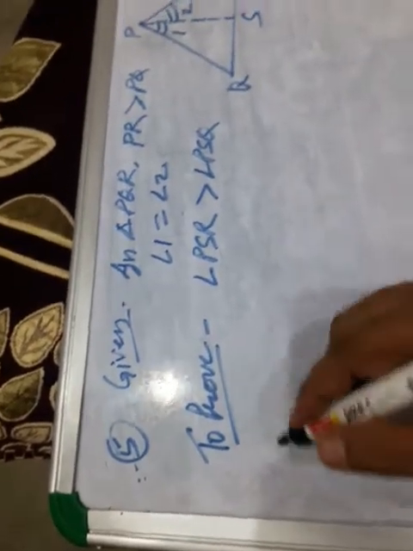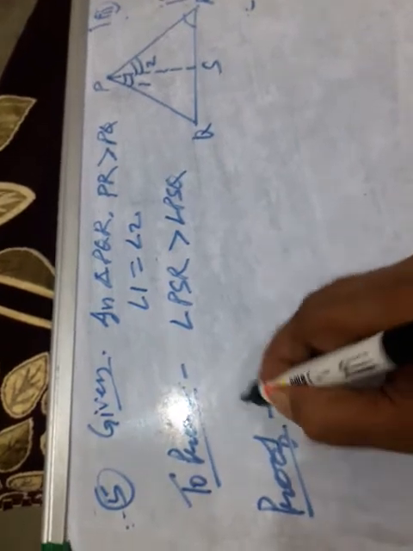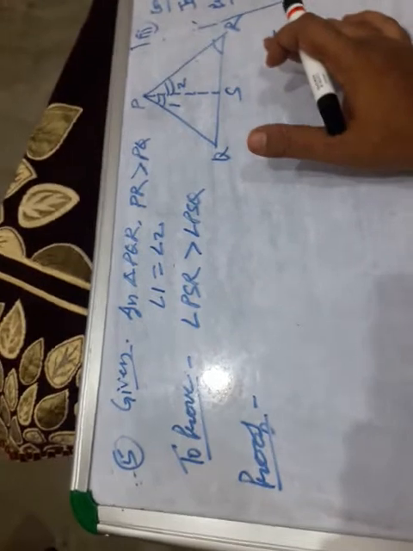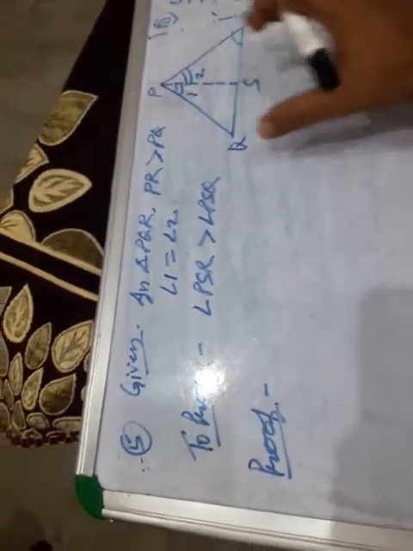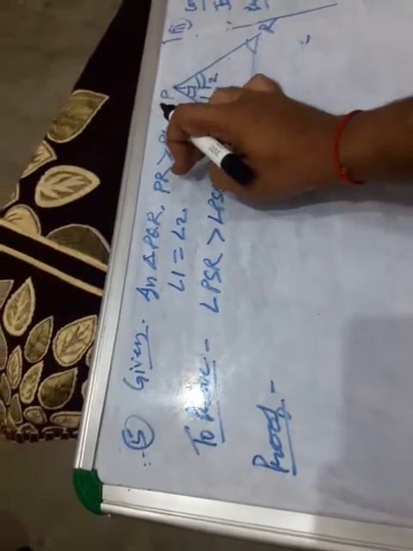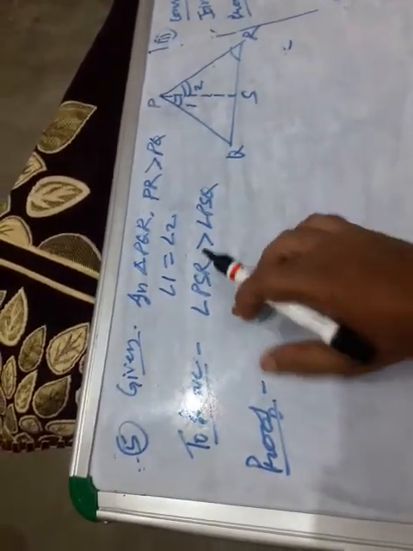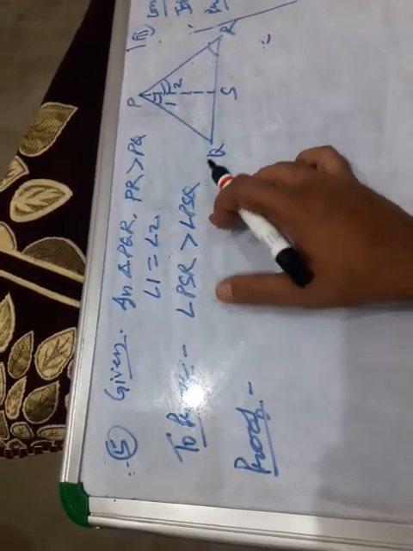Let us start proving. See children, triangle PQR is given over here, right? And PR is greater than PQ, means this side is greater than this side, and angle 1 equals angle 2. Now you have to prove that angle PSR is greater than PSQ.